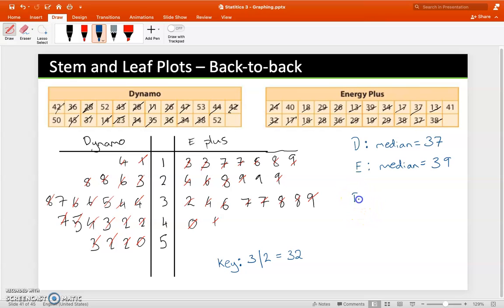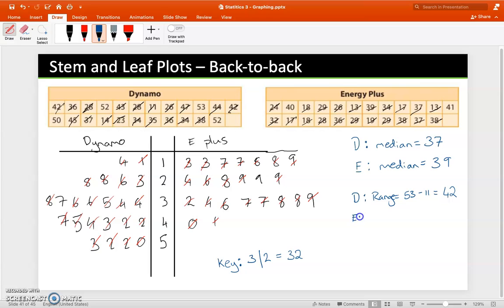So D for Dynamo, and for range, range is equal to the biggest number take away the smallest number. So 53 is the biggest number. I forgot my E for range. I'm going to take away the smallest number, which is over here, which is 11. 53 take away 11 is going to leave me with 42.